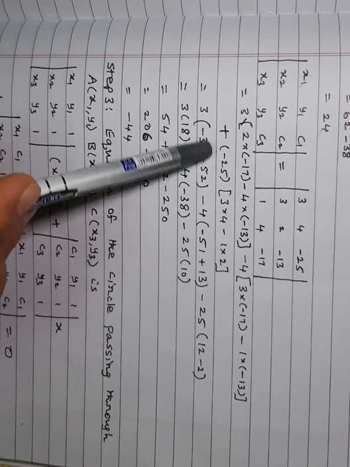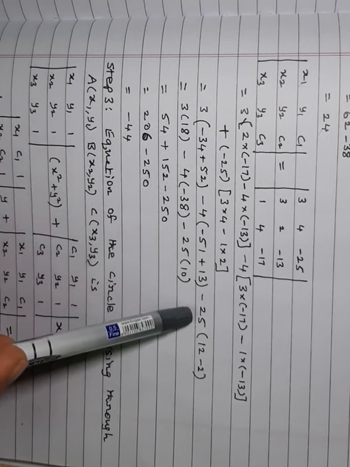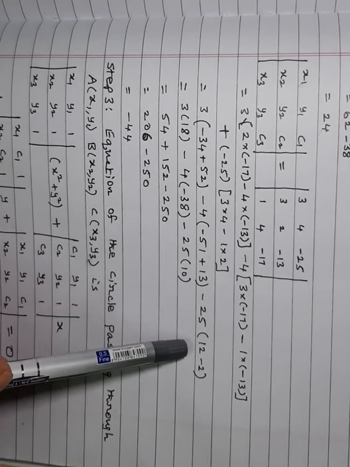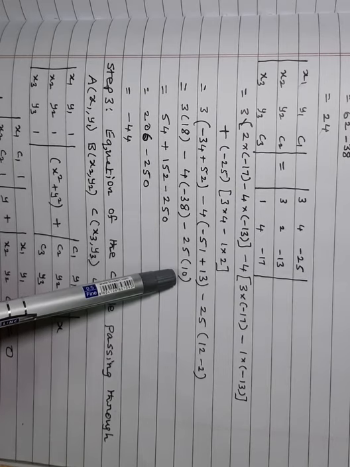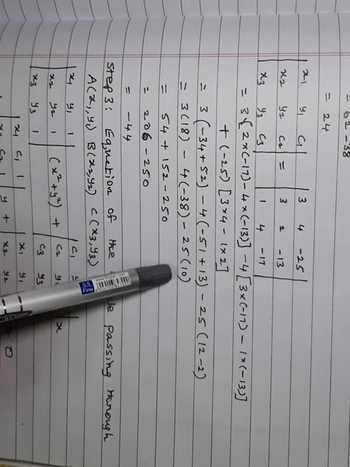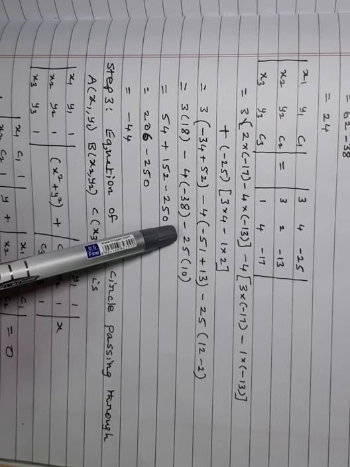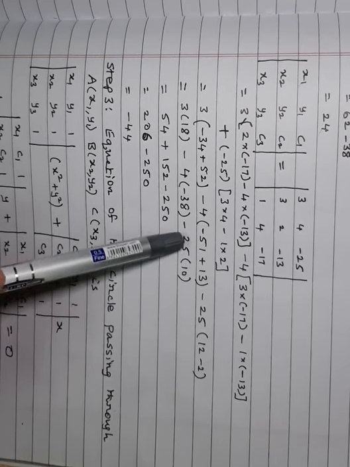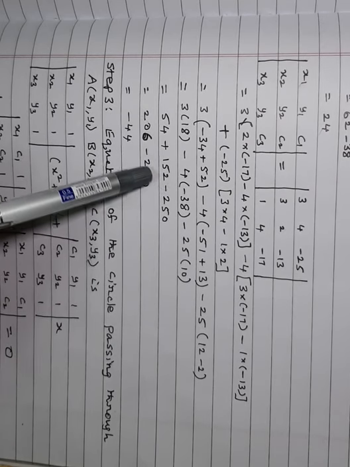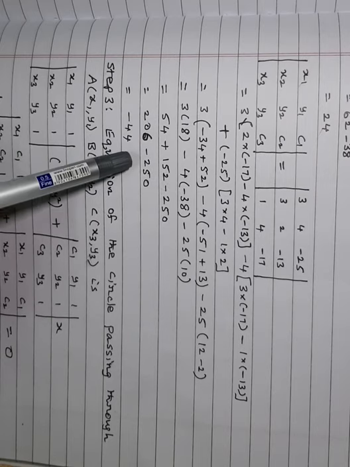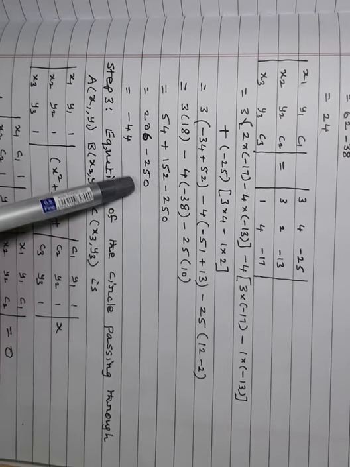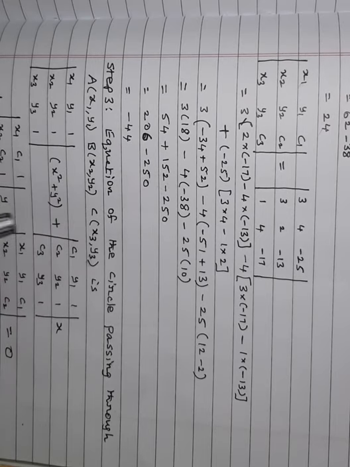So we get minus 25 here. 12 minus 2 is 10. 25 multiplied by 10 is 250. The negative symbol is there before this term, so minus 250. 54 plus 152 is 206, minus 250 is minus 44.